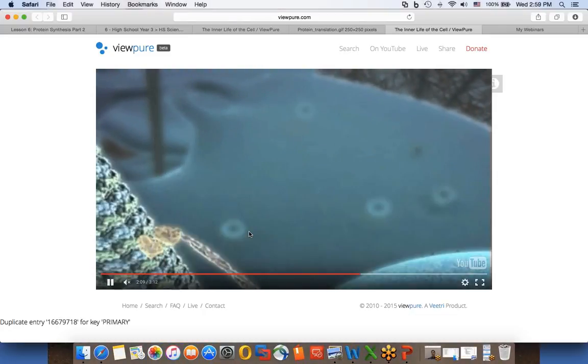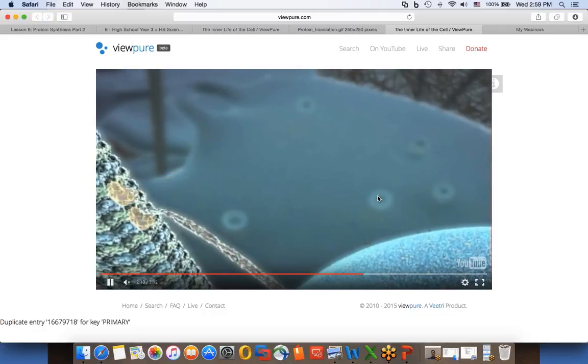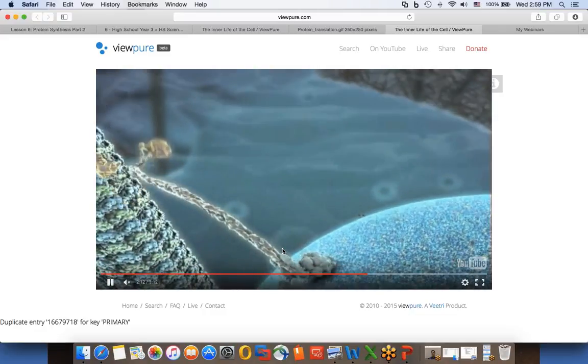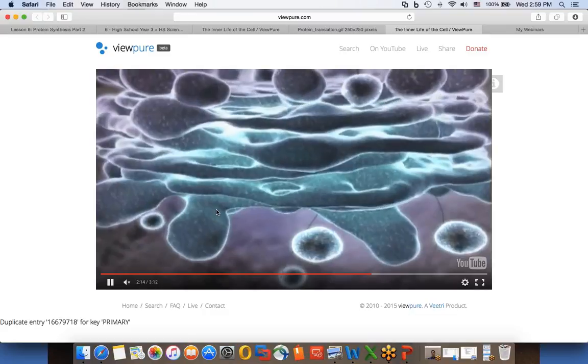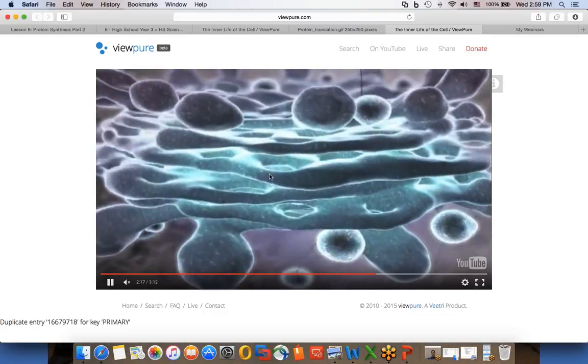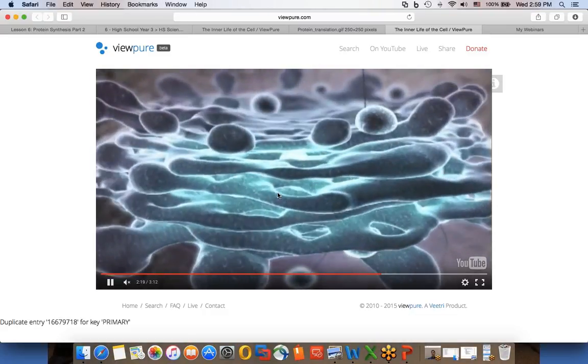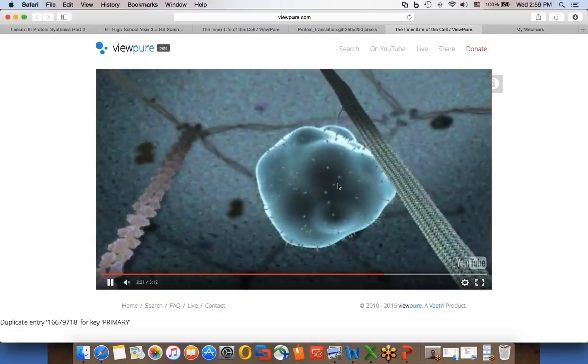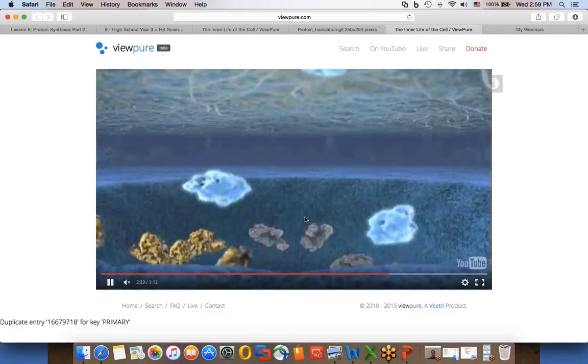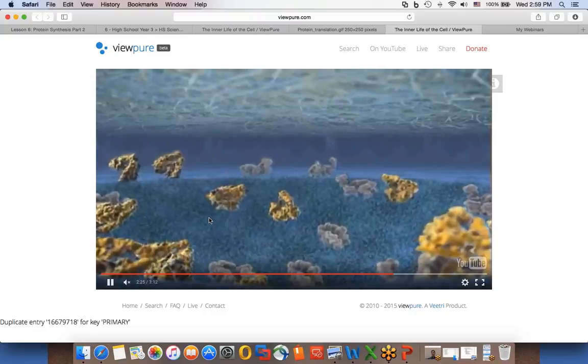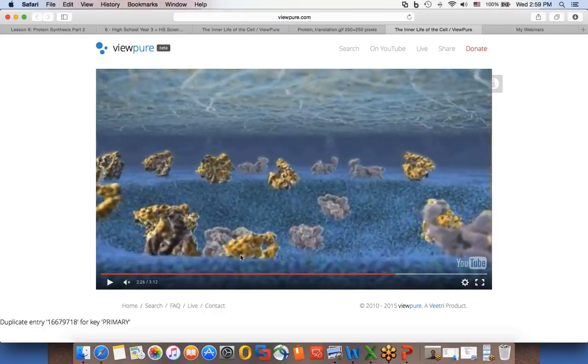These are the vesicles coming out of the ER. Okay, and then here we have the kinesin moving the vesicles around. This is the Golgi apparatus and how the vesicles move, and now we see exocytosis, which is the process of the vesicle joining into the cell membrane and releasing the proteins outside of the cell.